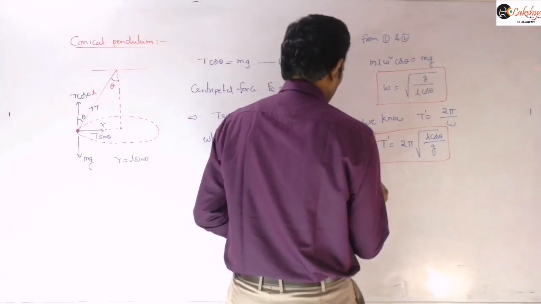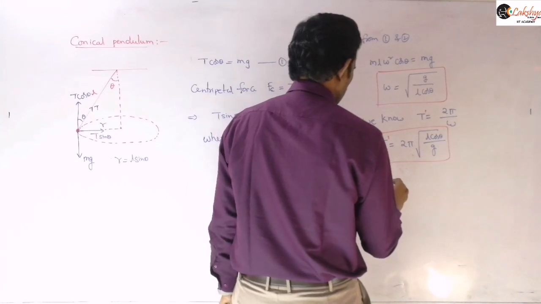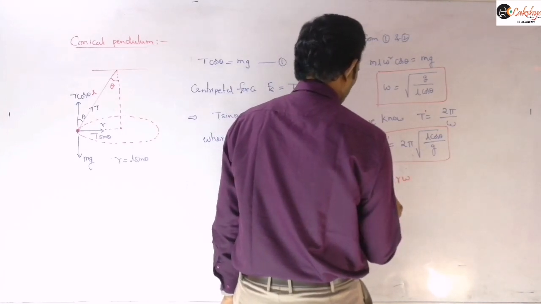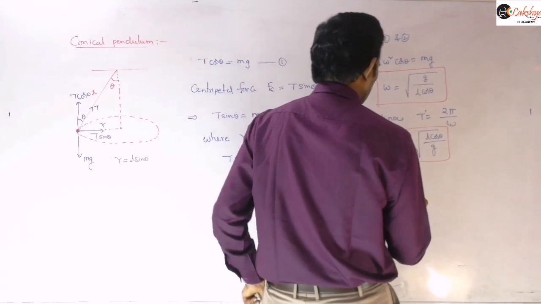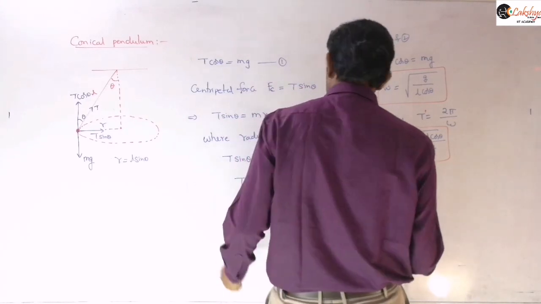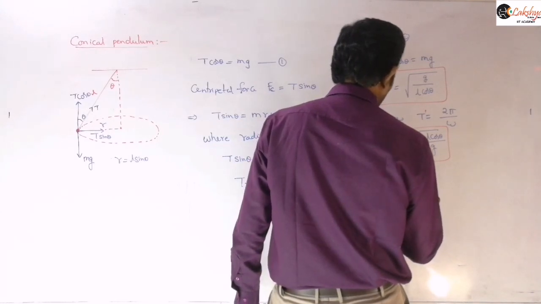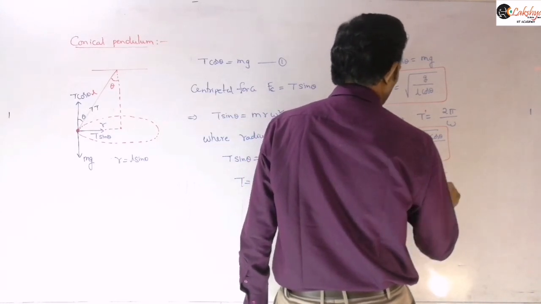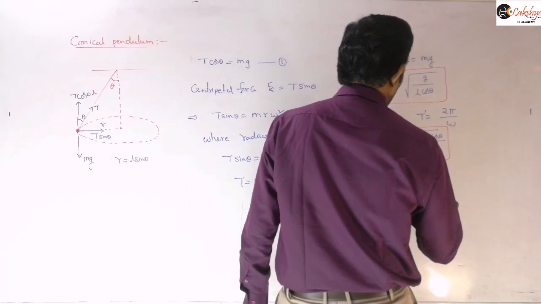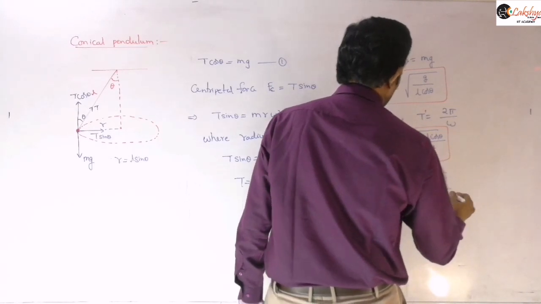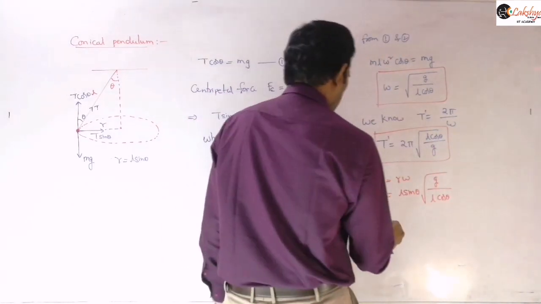From this you can write speed v is equal to R omega. Now this v, I can write R as L sin theta, into that omega, which is under root of g by L cos theta. Now we can further simplify this.